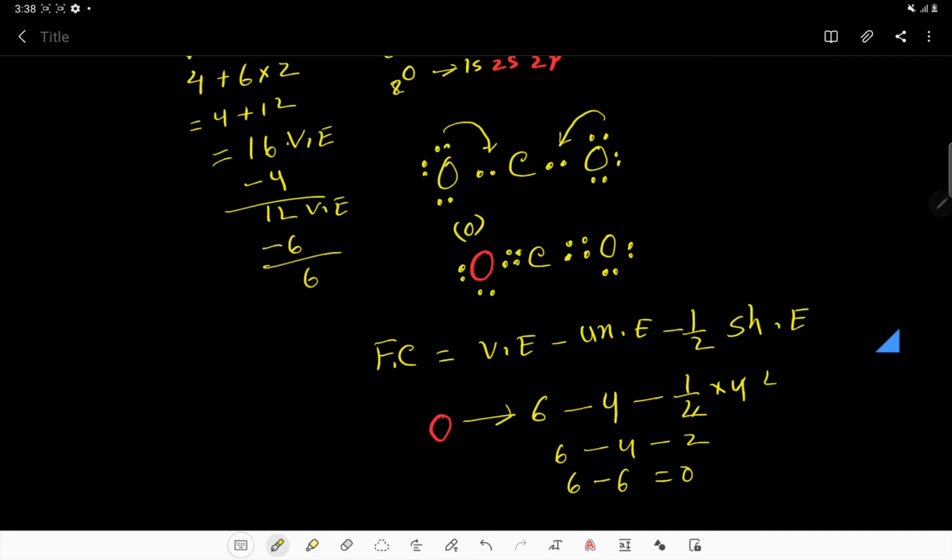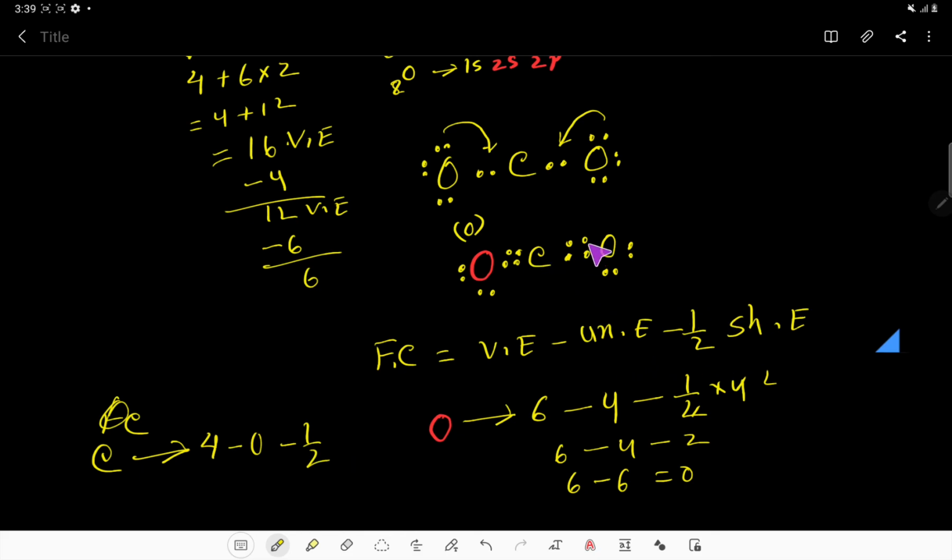So let us find out the formal charge for this carbon. Carbon is an element of group 4A, so it has 4 valence electrons, minus unshared electrons. Carbon has 0 unshared electrons because there is no lone pair. Then half of shared electrons.